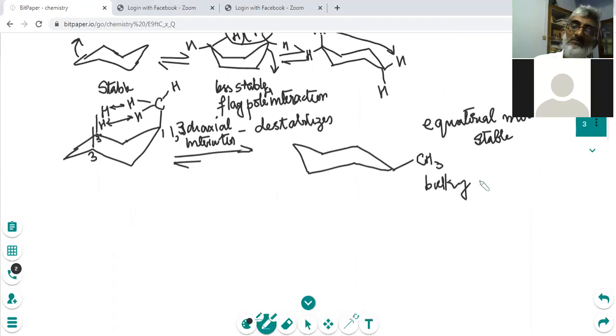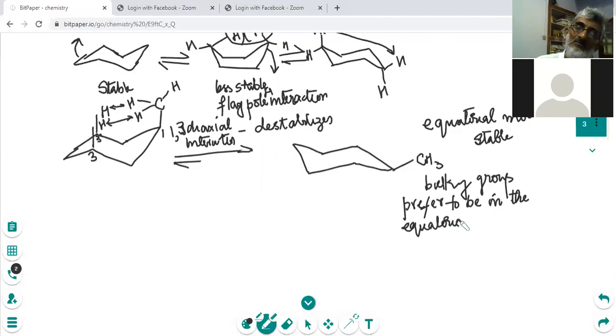Bulky groups prefer to be in the equatorial position. Clear? They prefer to be in the equatorial position.